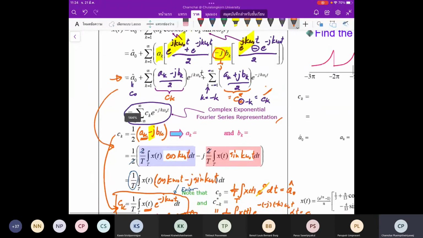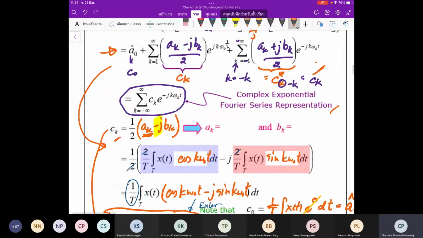And according to this, if ck is 1/2 of ak minus j bk, what is ak? ak would be ck plus ck conjugate, divided by 2. Or it's the real part of ck multiplied by 2.